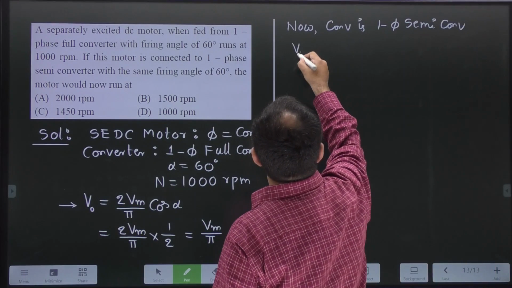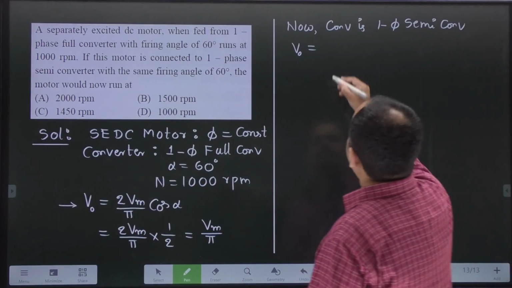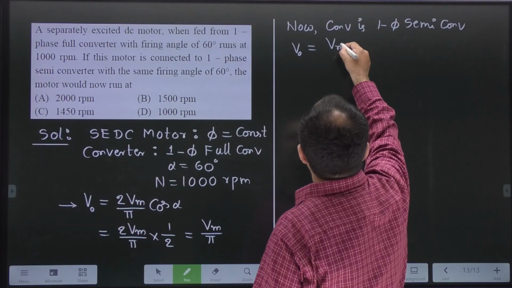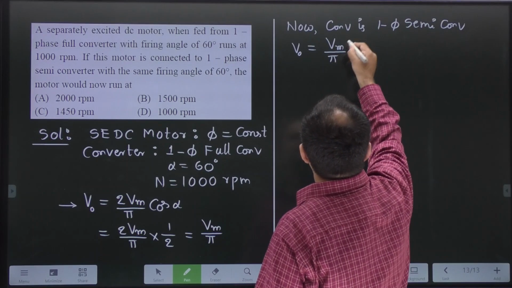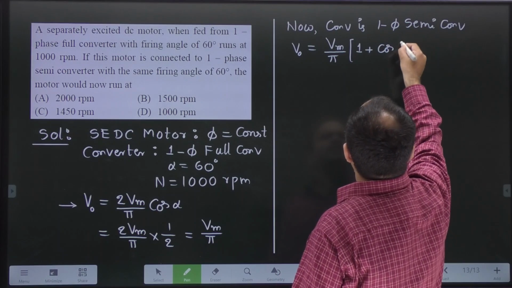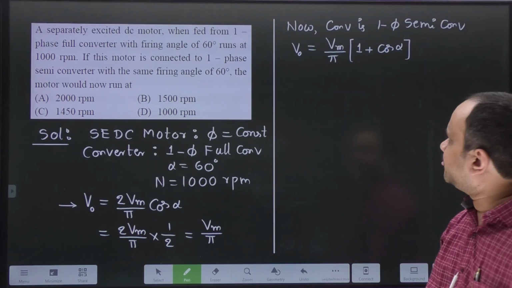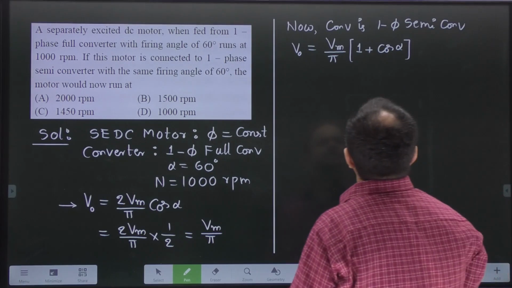In this case, what could be the output voltage of the converter? If you recollect rectifier chapter, single phase semi converter, average output voltage is equal to Vm by pi multiplied with 1 plus cos alpha.